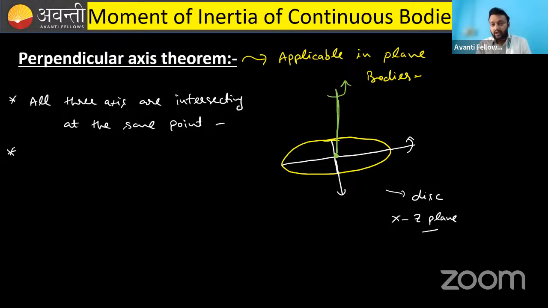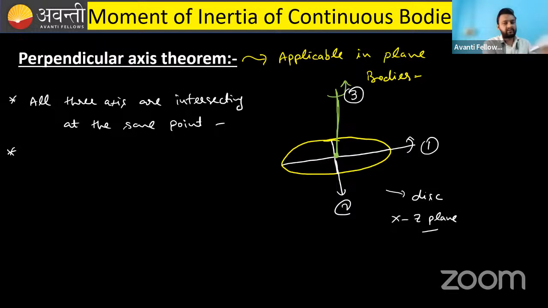Now, out of these three axes, two are in the plane of the body. Like this is axis 1, this is axis 2, and this is axis 3. So axis 1 and axis 2 are in the plane of the body, and axis 3 is perpendicular to the plane of the body.